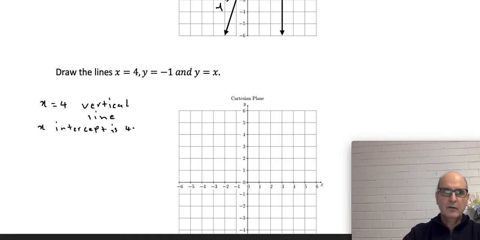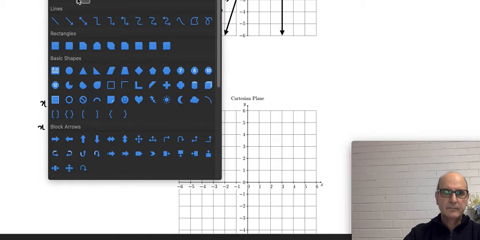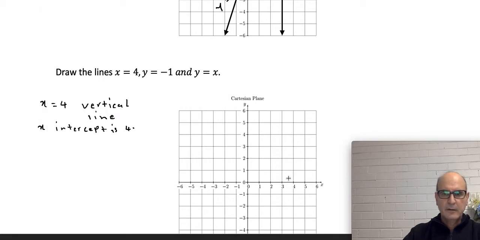So now all I do is draw a vertical line that goes through 4. That is my line, and I make it a bit thicker. That is the line x equal to 4.